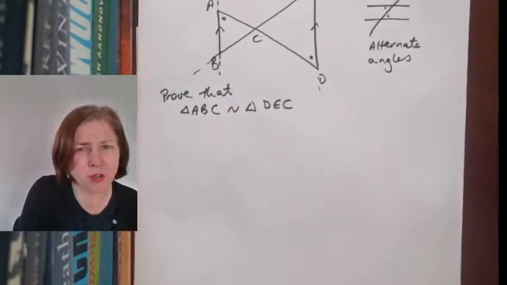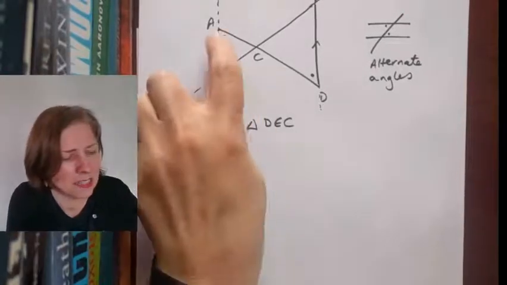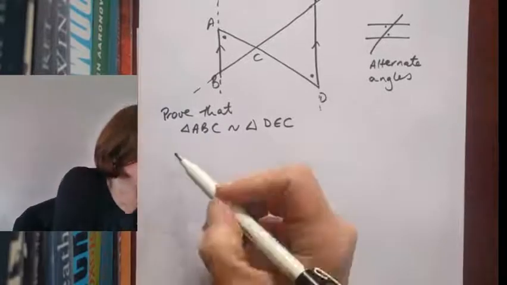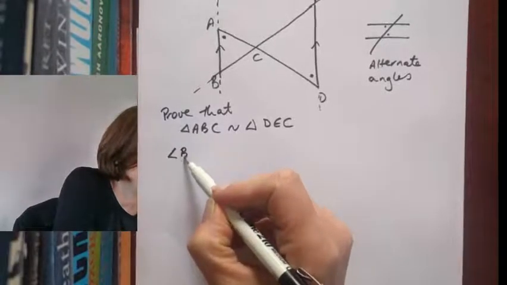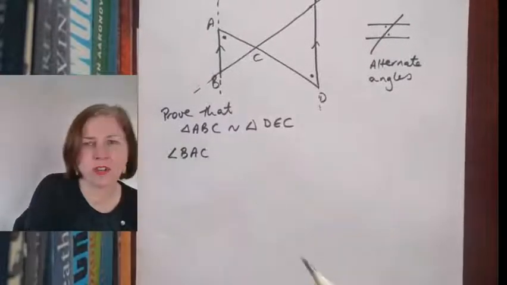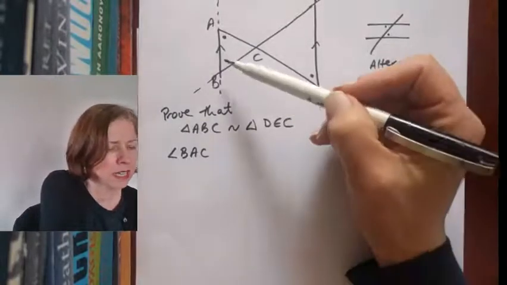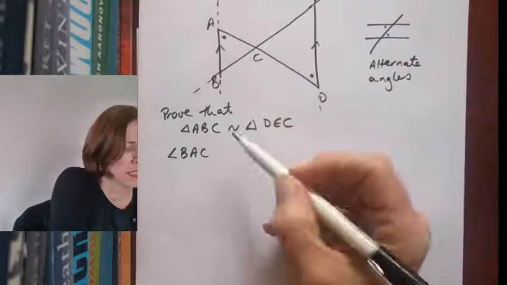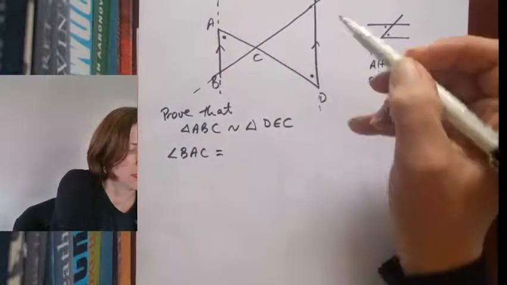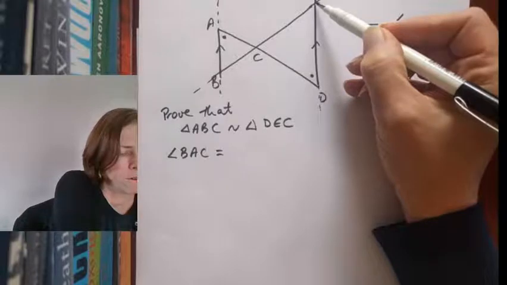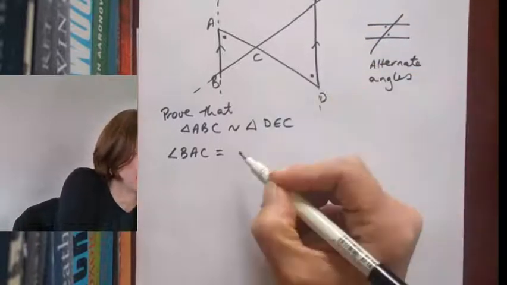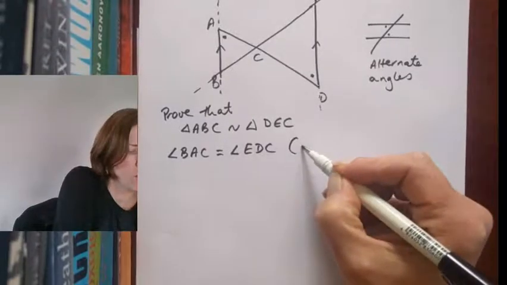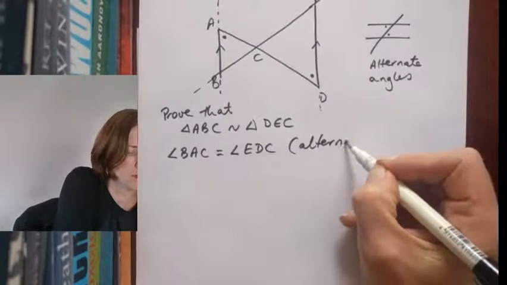So the first thing I'm going to write down is that this angle is equal to this angle, and I know that because they're alternate. So angle BAC. Notice the way I refer to the angle. It goes from B to A and then to C, is equal to, and now I'm going to go from E to D to C, angle EDC, and the way that I know that is alternate.